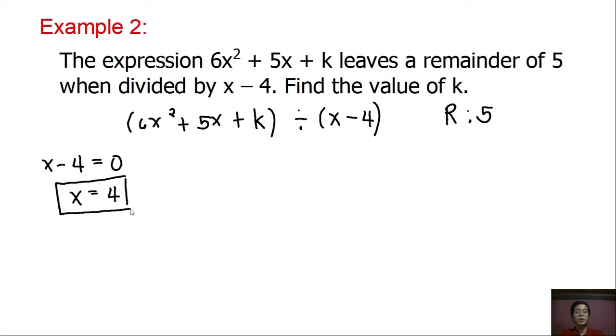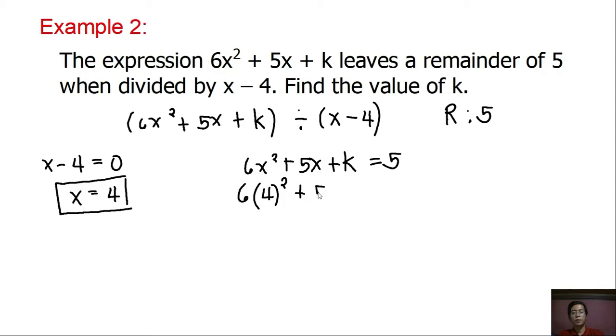So, isa-substitute natin si 4 sa 6x squared plus 5x plus k. Pag sinubstitute natin si 4 in place of x, that will be equal to 5. So, substitute. So, 6 times 4 squared plus 5 times 4 plus k is equal to 5.